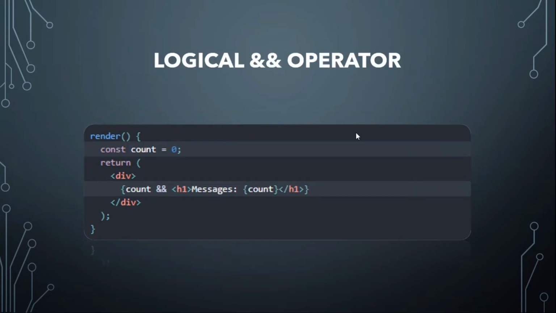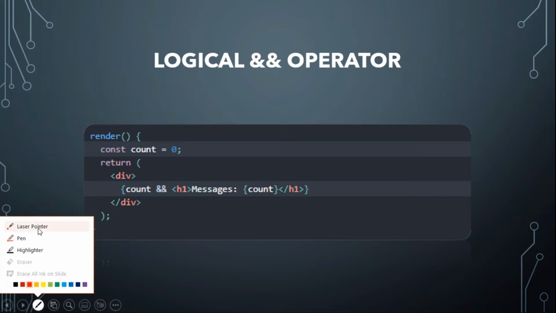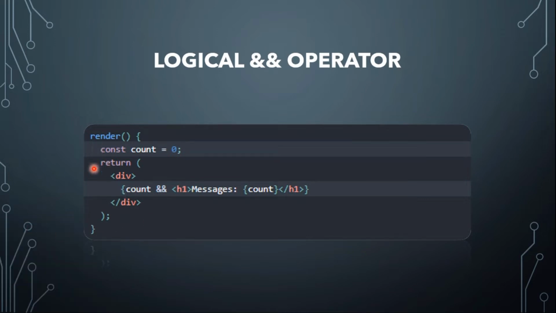So let's first look at the logical and operator. Now, during our render, we want to set a constant variable count to 0. Inside this div, we want to render this h1 tag after we've checked a certain condition of this count, right?